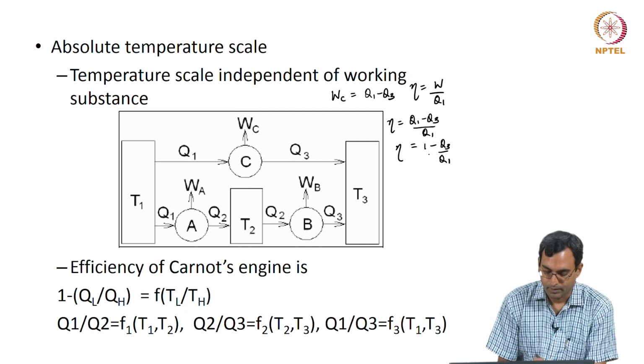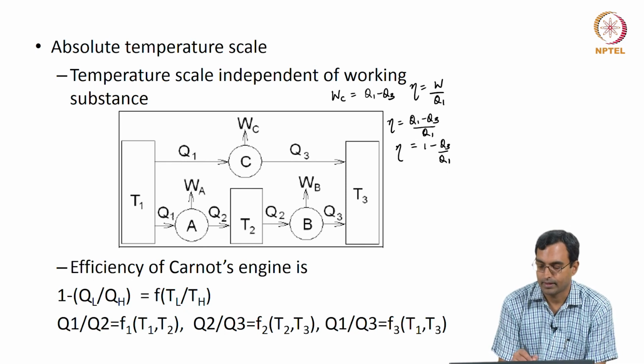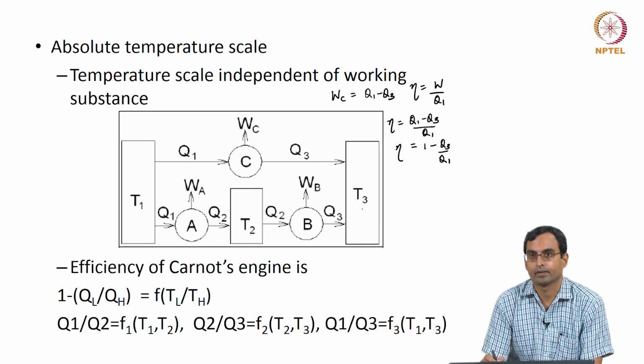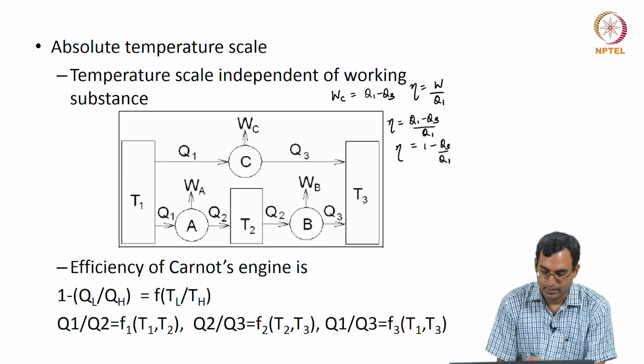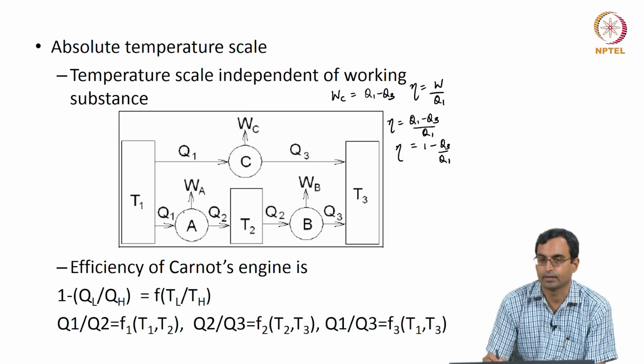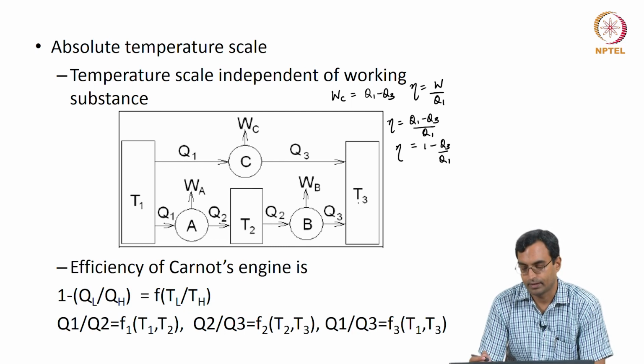So, what I can see is that if I run this engine and I run this in a sequence of engines, finally the efficiencies should be the same. And in all of these cases, the ratio of the heats transferred has to be only a function of the temperatures, because that is essentially what Carnot says.